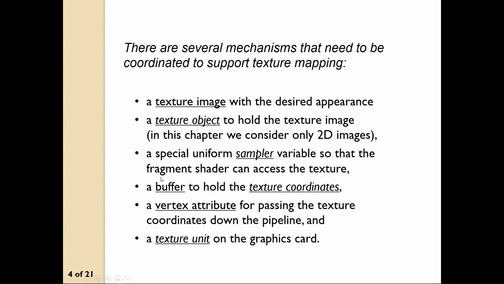In our examples, we're going to have separate buffers for texture coordinates versus the vertex positions. So there'll be a vertex attribute dedicated to that buffer so that we're able to pass the texture coordinates down the pipeline. Just like other VBOs, it has a vertex attribute, a description of how that buffer should be interpreted. We similarly have that for a texture now.